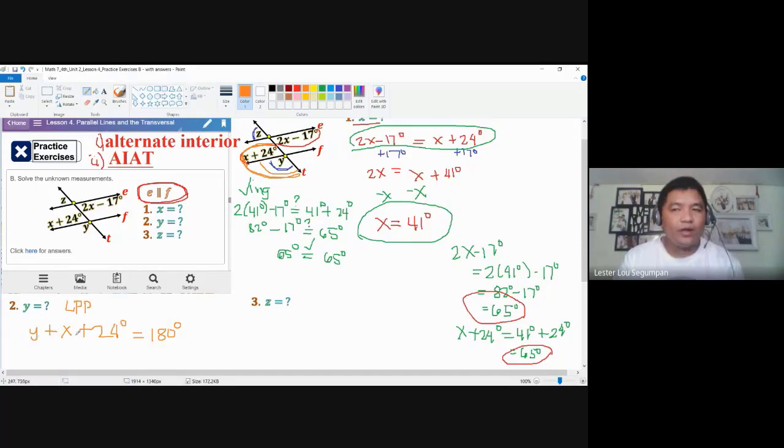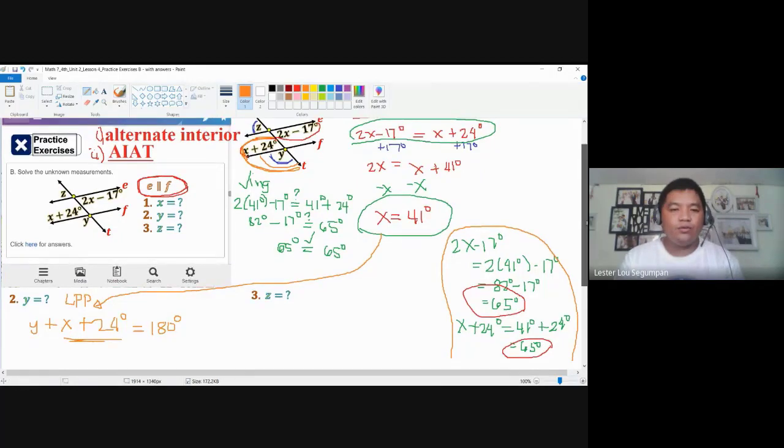Now that we have this equation, we can look at the value of y. We have two variables here, but we already have solved x earlier. So the first method here is simply to substitute the value of x and then compute the value of y using the properties of equality. Or we could always use the value that we have added here earlier to be the checking of number one, but could actually help us for number two and even number three. Because x plus 24 is already solved to be 65 degrees.